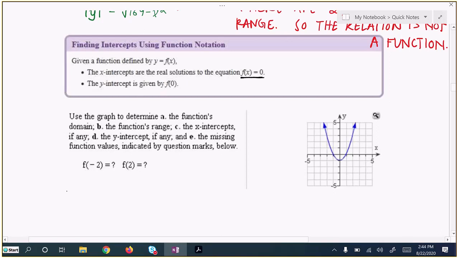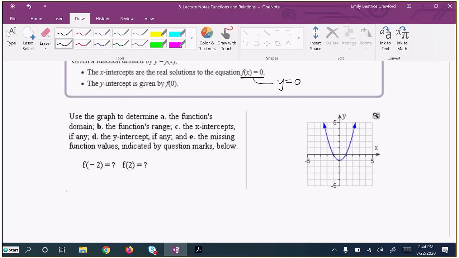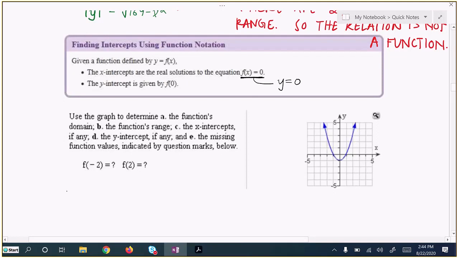So graphically speaking, when we're talking about x-intercepts being where f of x equals 0, we know f of x represents the y value. Y being 0 means we're crossing the x-axis. So if you take a look at the picture of the parabola down here, you can see that an x-intercept is where we cross the x-axis, and that makes sense because when we're crossing the x-axis, y should be 0.